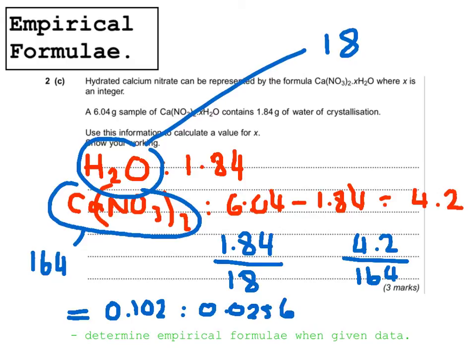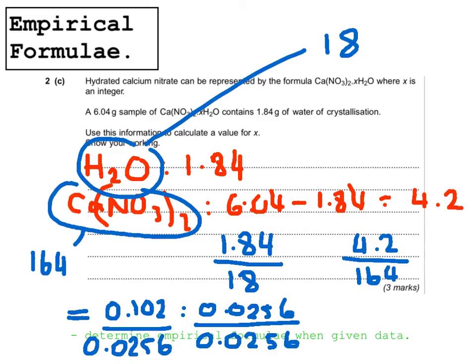That ratio means nothing really, so we've got to divide both by the smallest number, and the smallest number is 0.0256, so we're going to divide both by that. And that gives us a new ratio of 3.98 to 1, and that'll round to 4 to 1.